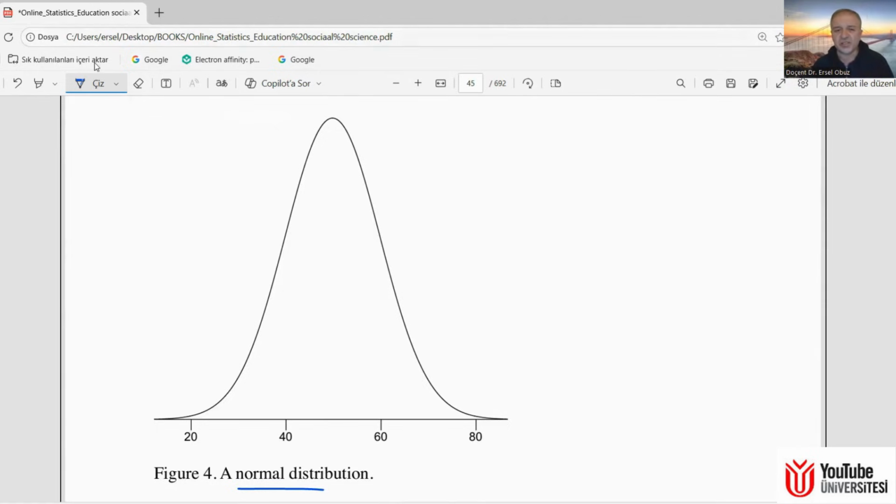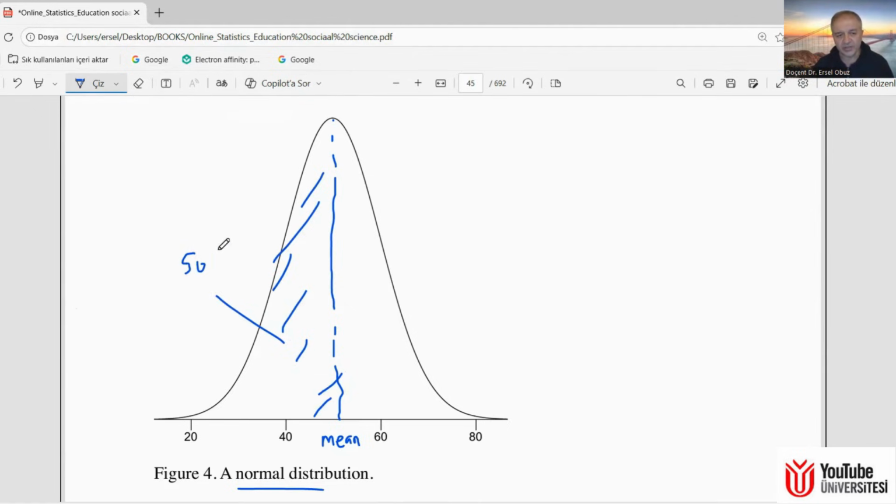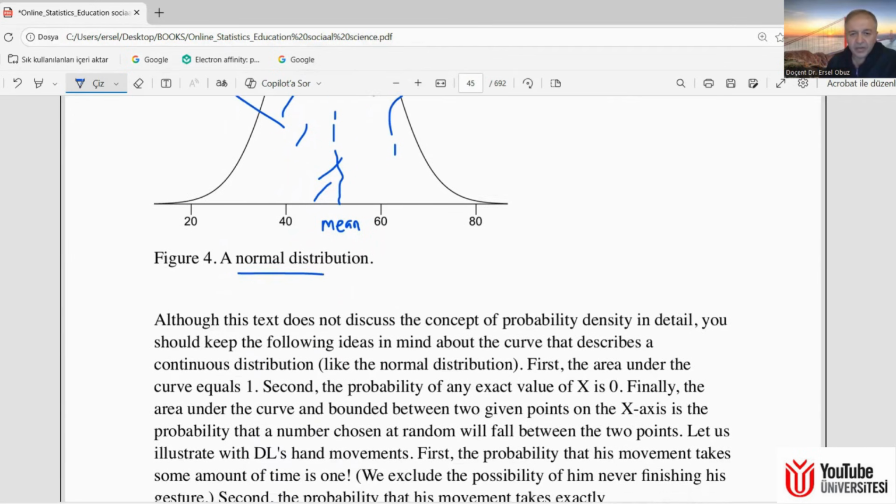You see that distribution is symmetric around the mean. So we will have a mean of this distribution. And then this part is going to be 50%, and this part is going to be another 50%. So that's basically a probability distribution. It's called normal distribution. Okay.